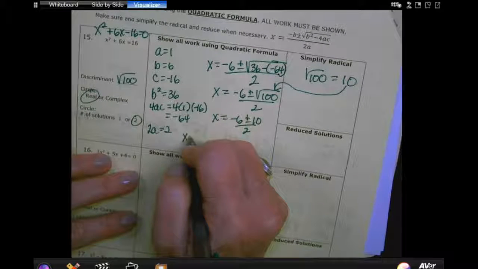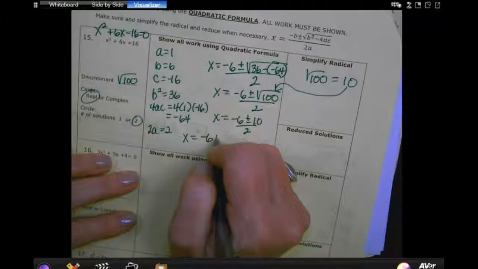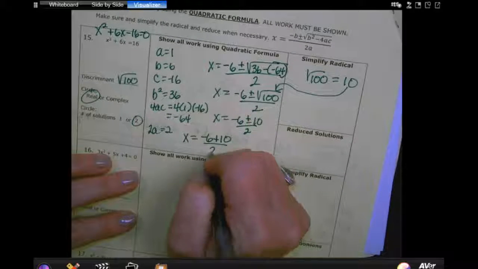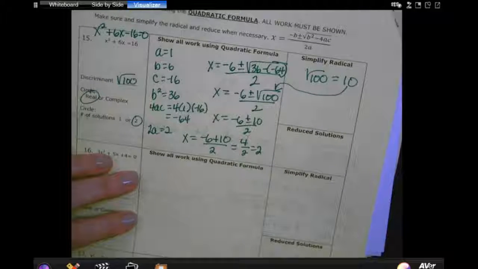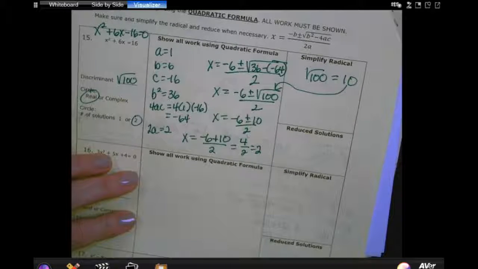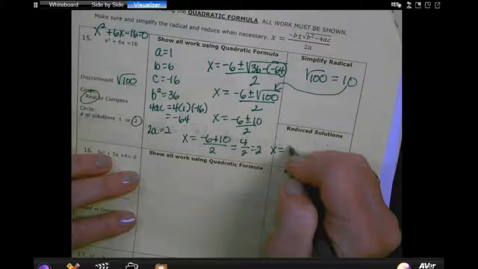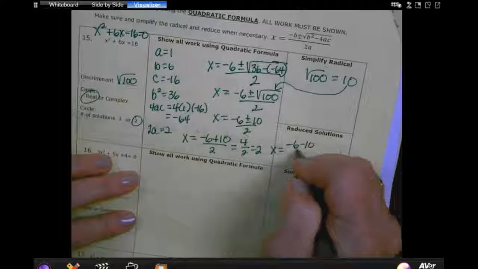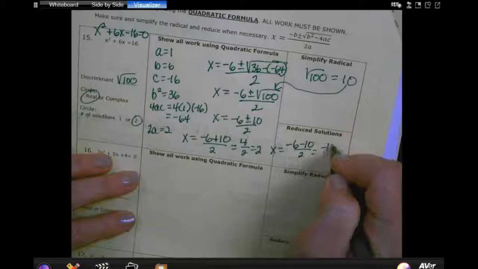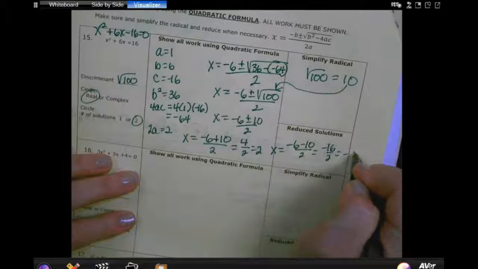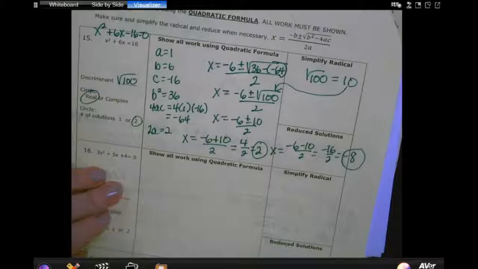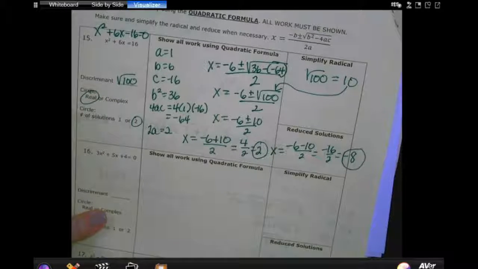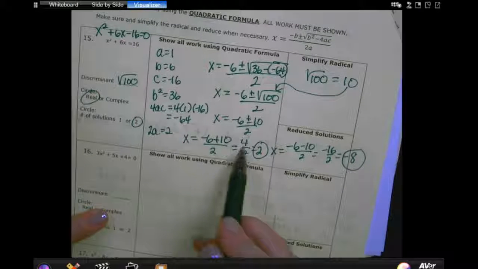So I'm going to get x equals negative 6 plus 10 over 2, which equals 4 over 2, or 2. And I do it again for negative 6 minus 10 over 2, which gives me negative 16 over 2, which is negative 8. So I get negative 8 and 2 as answers. Negative 6 plus 10 is 4.